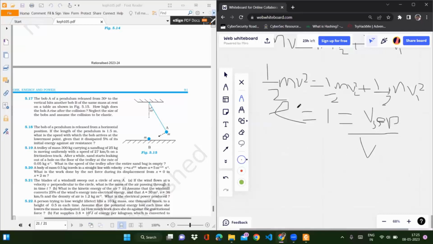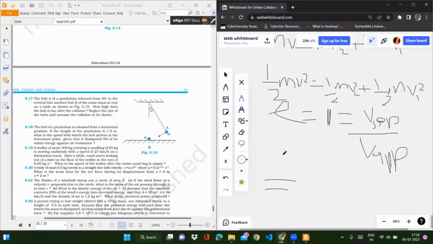Actually, for collisions, there is one thing called e, which is elasticity, meaning the coefficient of restitution. For elastic collisions, this is 1, and it is given by velocity of separation by velocity of approach, where the velocity of separation and velocity of approach are the things which are from the kinematics.